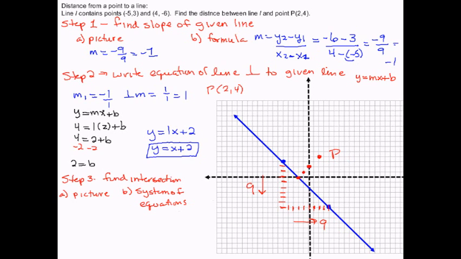Okay, if I use the picture, I want to connect my dots, and I'm going to intersect at this point right here, which is negative 2, 0. And I know that worked because it lined up, but it doesn't always line up. So right here I can have my point of intersection as negative 2, 0.